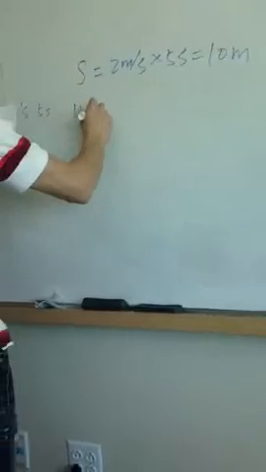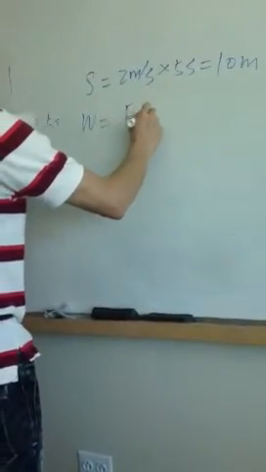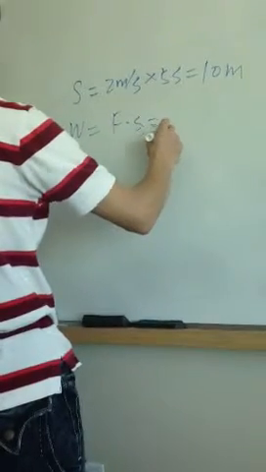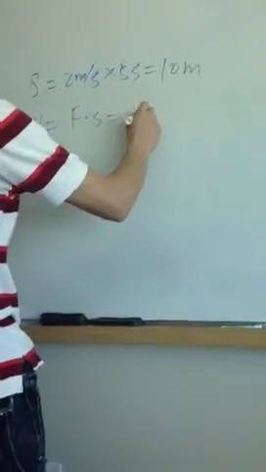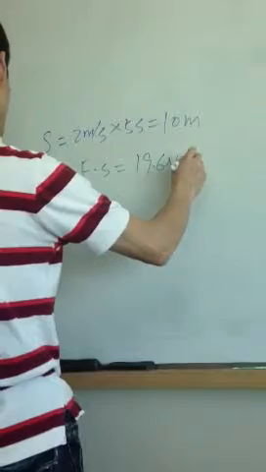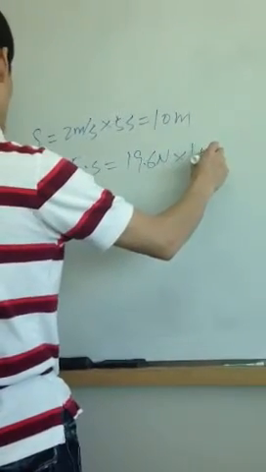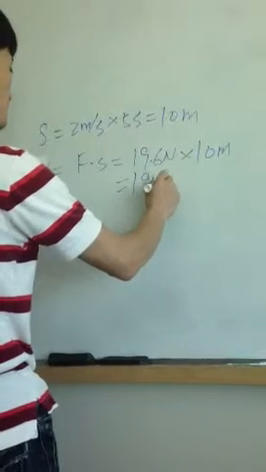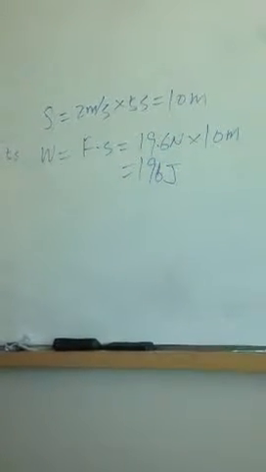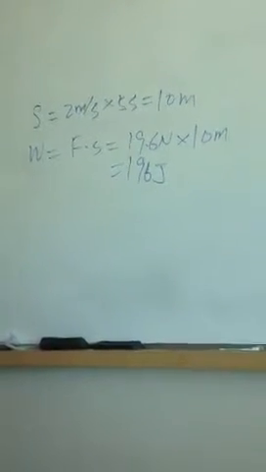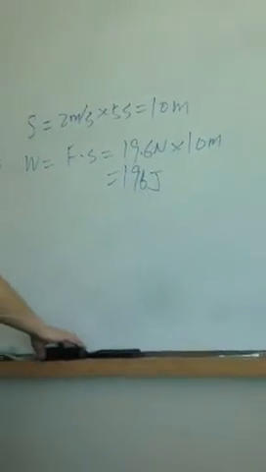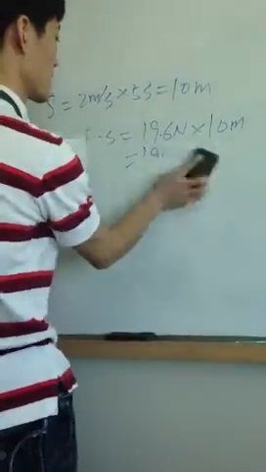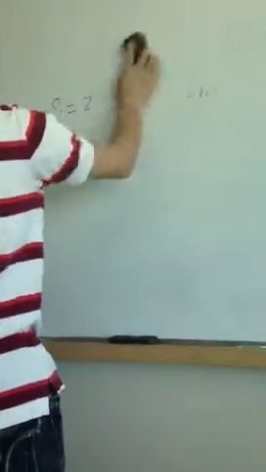And then the work will be F times S, which is 19.6 Newton times 10 meter. To get the distance, it would be the velocity times the time. Yes. Okay, so which is around 0.2 kilojoule.